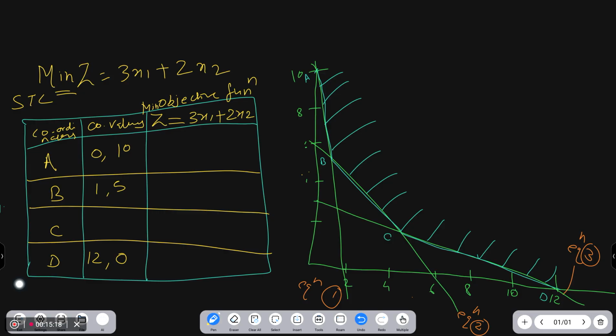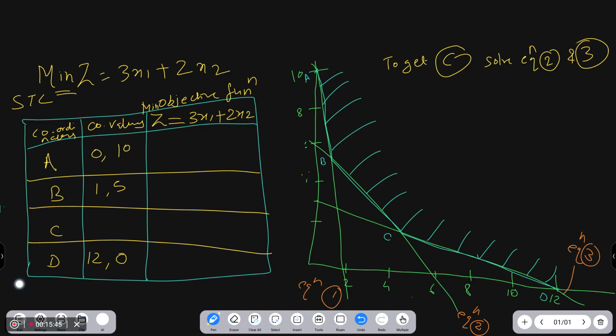To get the value of C, which equations do you have to solve here? Equation number 3 and equation number 2. So solve equation number 2 and 3.